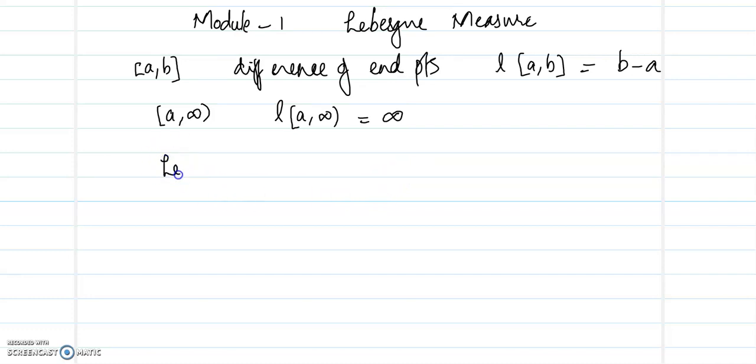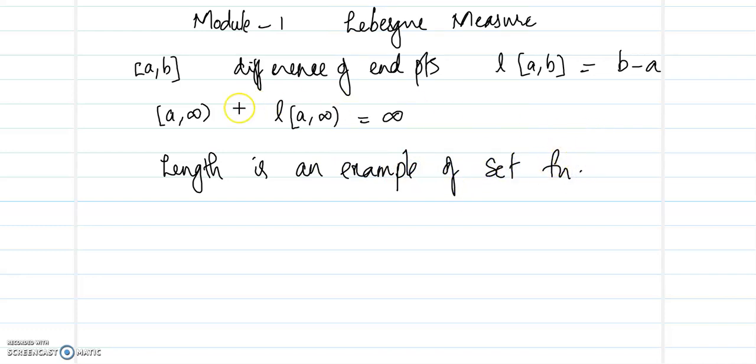Now the length is an example of a set function. Given any interval, when we take intervals it can be a closed interval or an open interval. If it is an open interval, the length of the open interval is again equal to B minus A. That's how we define the length. Now the length is defined on any set of real numbers.